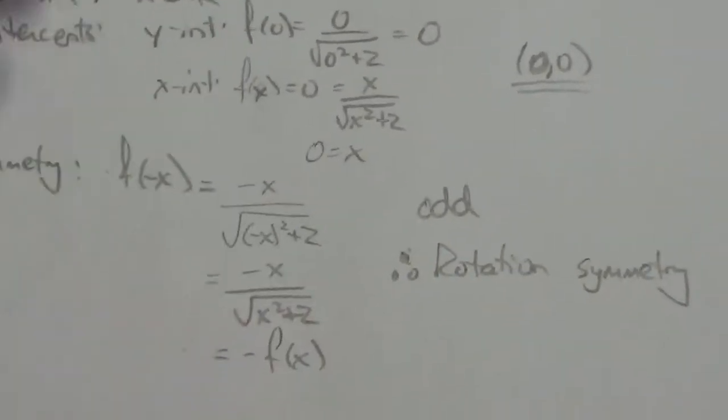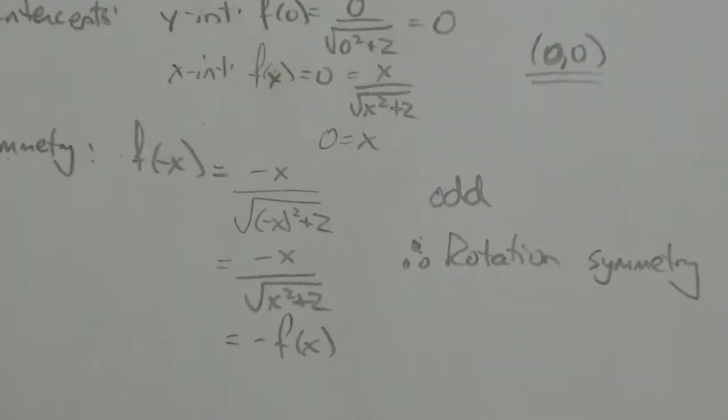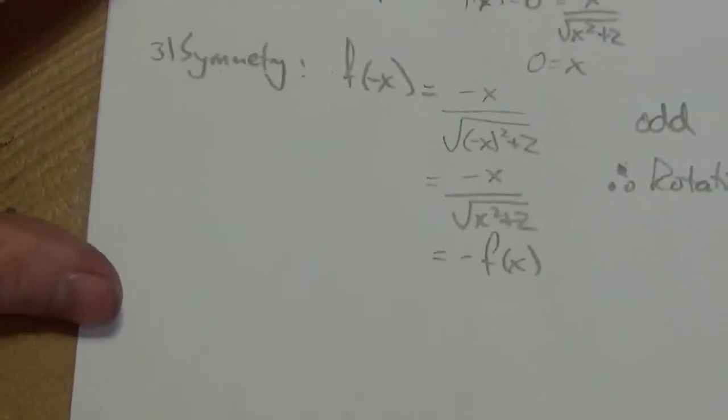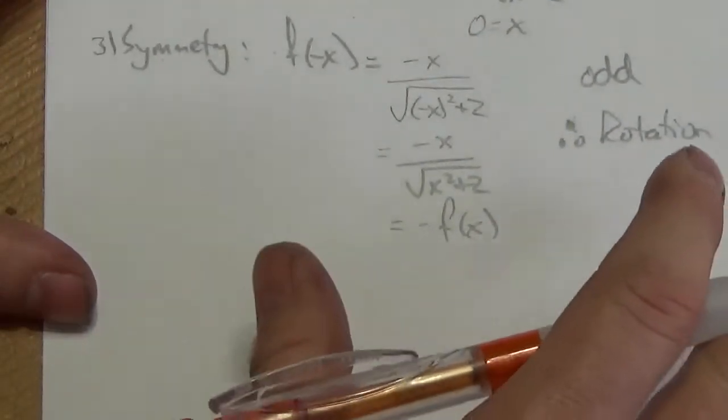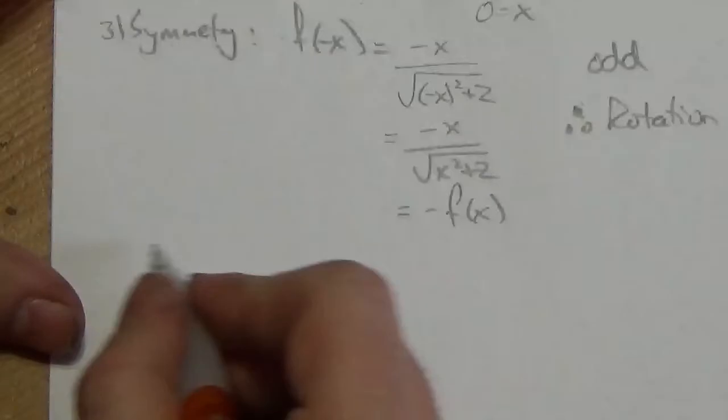Good, so actually, I can kind of guess at this without too much work. I can do half of the work here and still get the graph. But that's okay, I'm going to go through and do the whole thing anyway. When I'm done, if I look at my graph and notice that it's got rotation symmetry on the origin, I know that everything's nicely consistent.